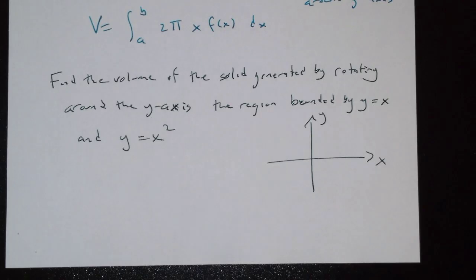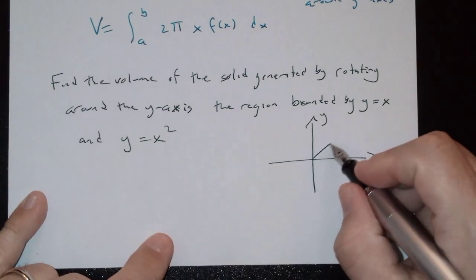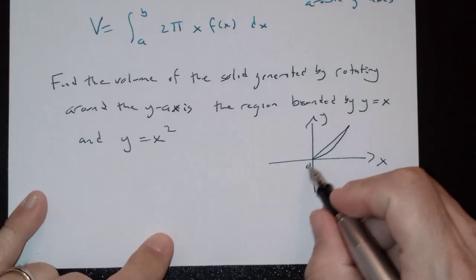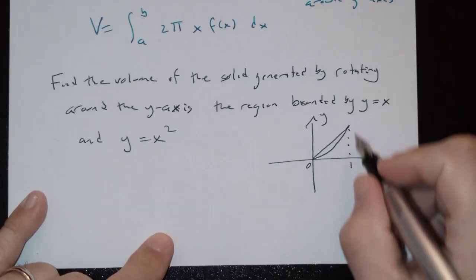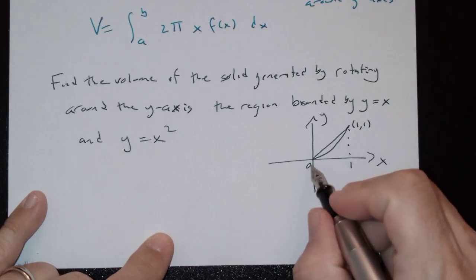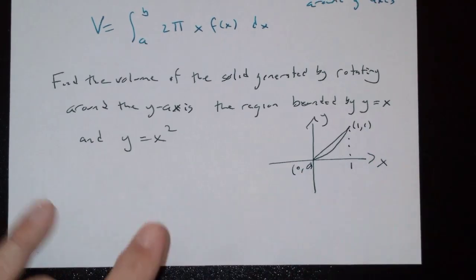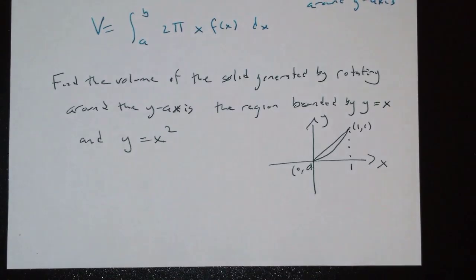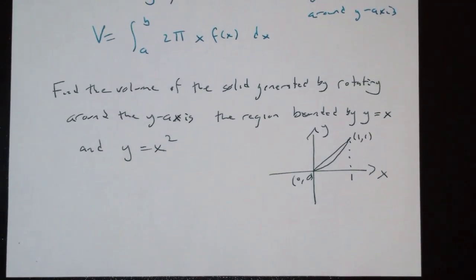Well, that's y equals x. What's the other part? Aha. So I have y equals x and y equals x squared, and they meet at 0 and at 1. Really? Looks like this. Here's my little football shape again.